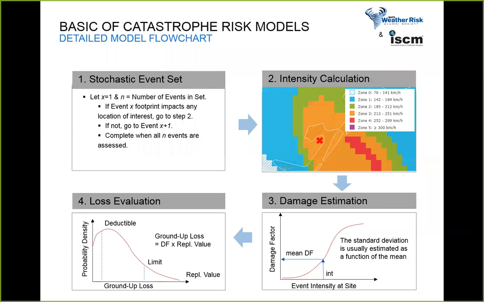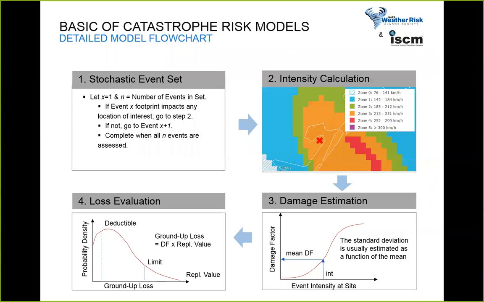Once we have that, it gets passed to the loss evaluation module, and the ground up loss that I talked about, the first dollar ground up from the beginning, no insurance, is just equal to the damage factor calculated in step 3 times the value of the risk that you're dealing with.